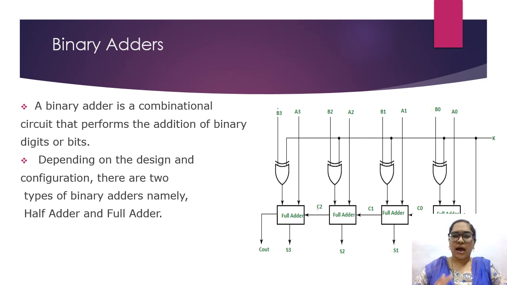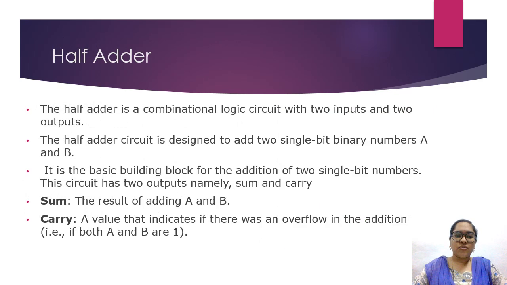So let us first look at the half adder and then go to the full adder. So first we have half adder. So the basic definition of half adder is that it is a combinational logic circuit with the two inputs and two outputs. So we all know, as I mentioned above, what is a combinational logic circuit.